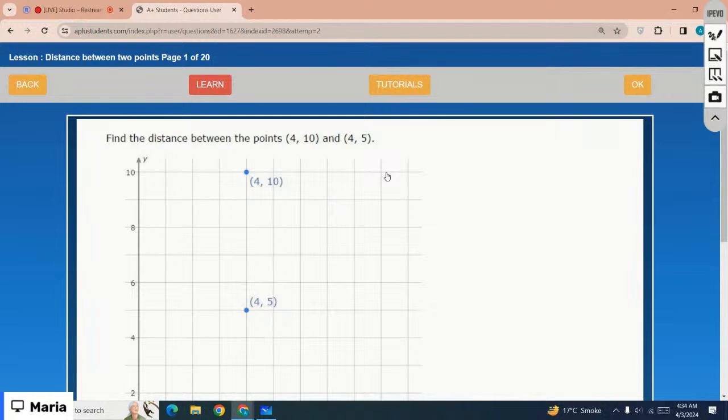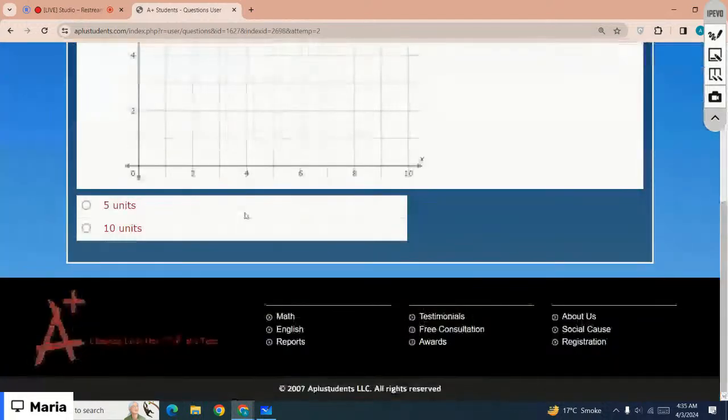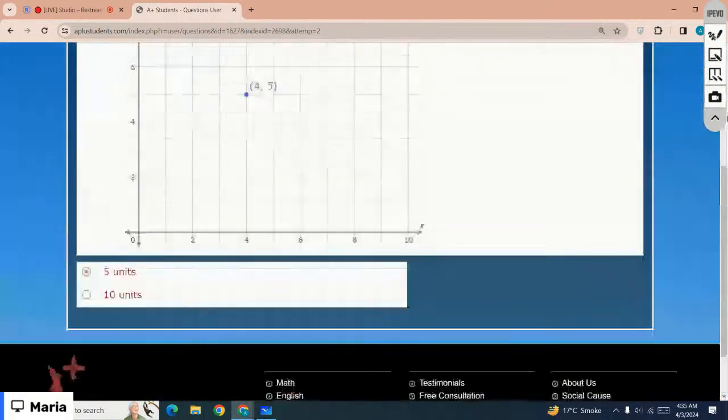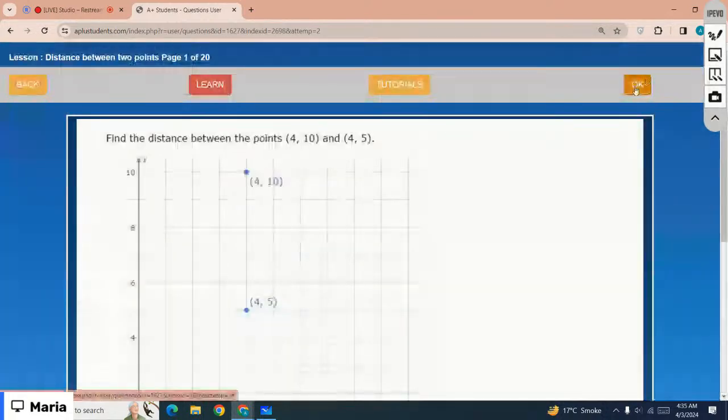That is 5, right? The x components are the same. You just have to subtract the y coordinates. 10 minus 5 is 5. So the distance between the 2 points is 5 units, right?